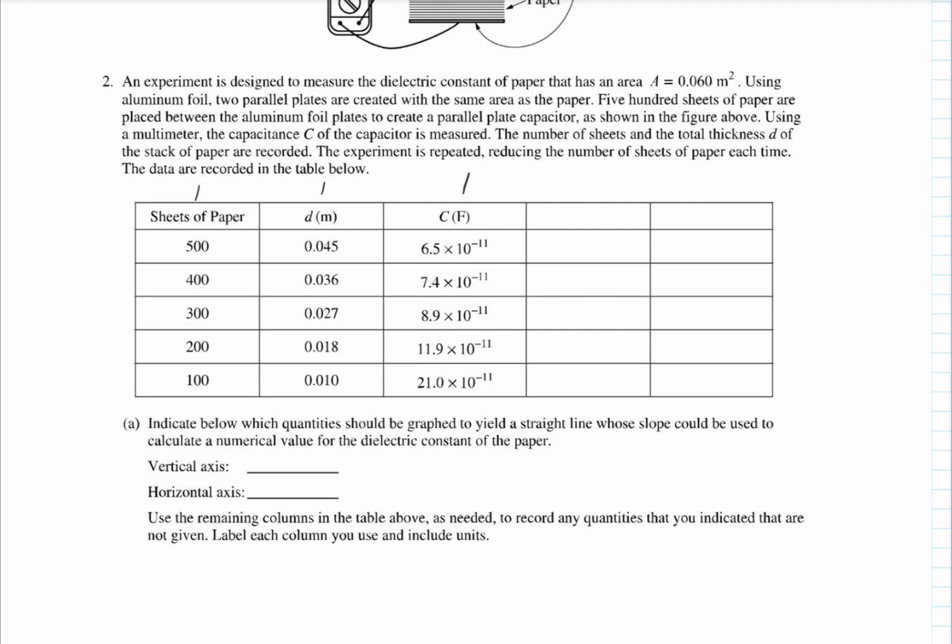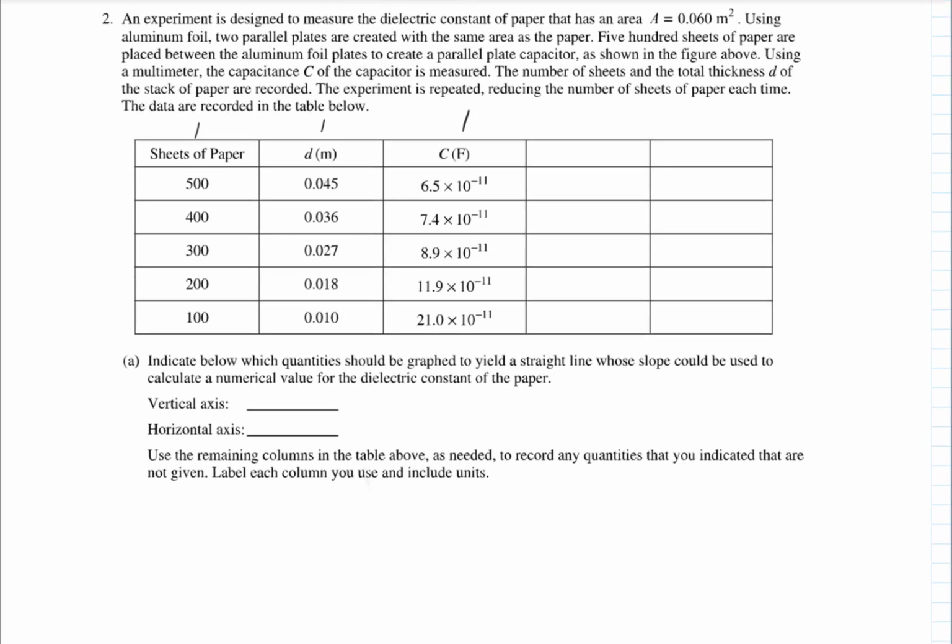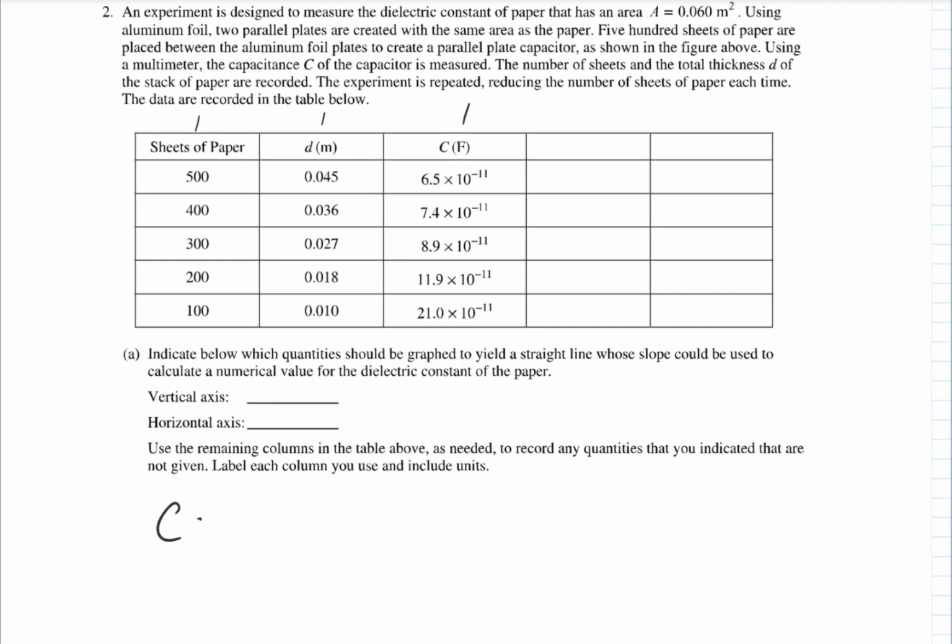So what we know about capacitance is it's A times epsilon over D. If we're talking about a dielectric constant, it's A times kappa, the dielectric constant, times epsilon naught over D. So if we're going to graph this, capacitance is going to be A epsilon naught over D times kappa.